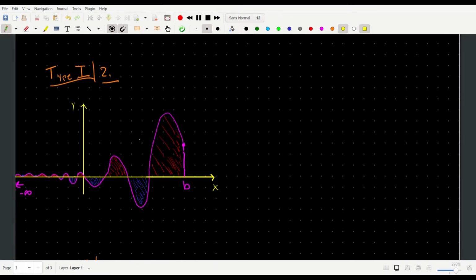Improper integrals of type 1, subtype 2 are the exact same thing in some sense, but we reverse which bound is going to infinity. The lower bound is now going to negative infinity. It's going all the way back in this direction, all the way to the left on the x-axis. The notation for this is exactly like you might expect. The integral from negative infinity to b of the function f of x dx.